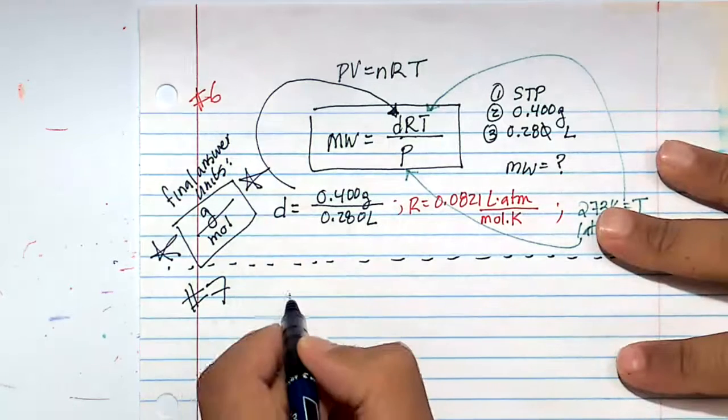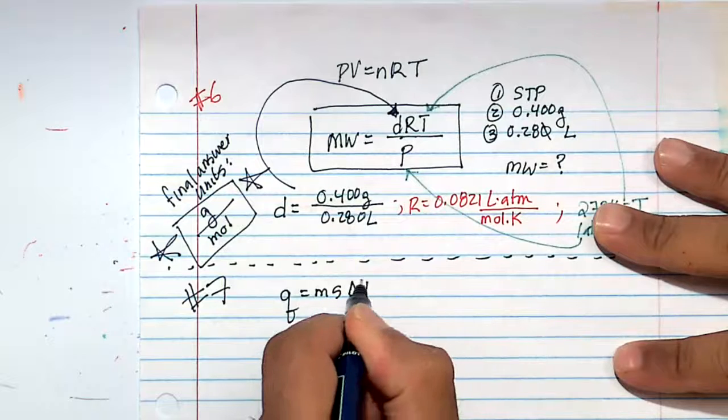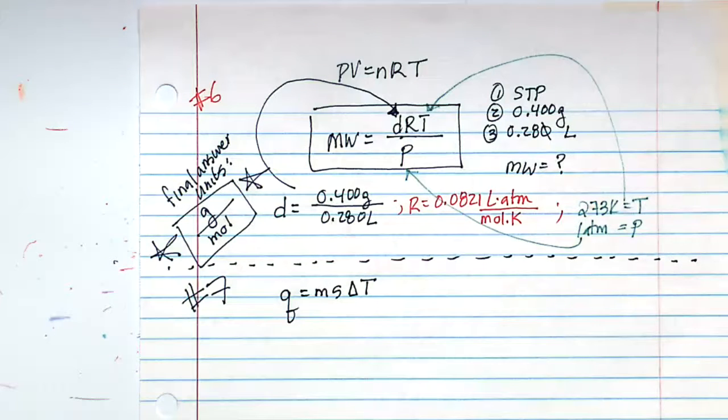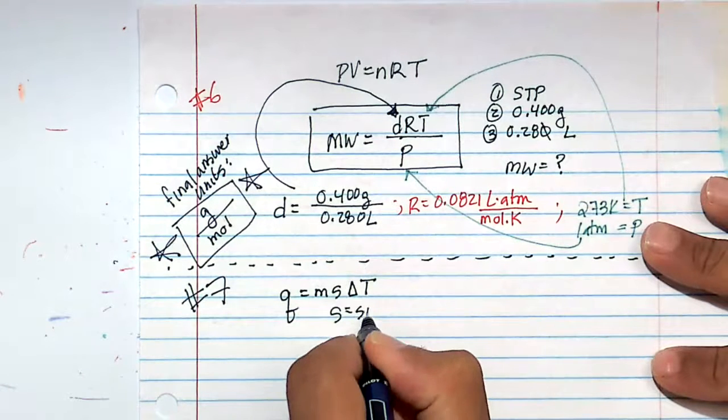Here's a problem on specific heat. Here's the equation that you will utilize: Q equals m s delta T. S stands for specific heat.